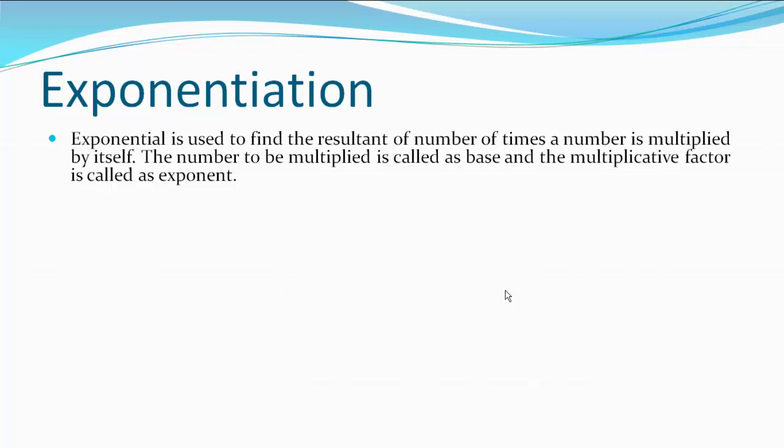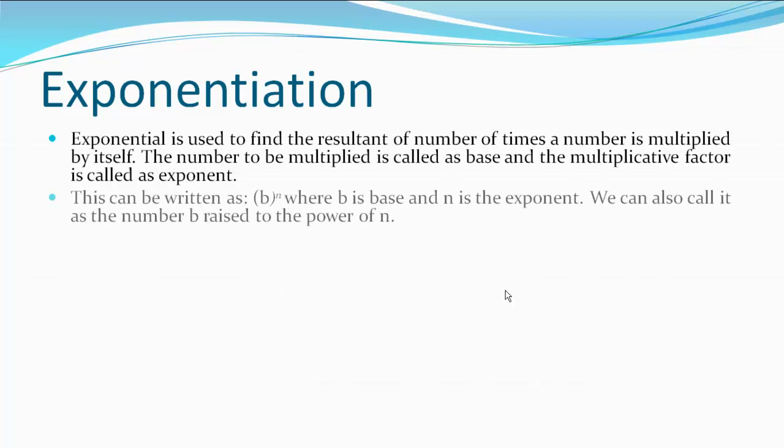The number that is to be multiplied is called the base, and the multiplicative factor is known as the exponent. This can be written as b power n, where b is the base and n is the exponent. Also we can call it b raised to the power n.